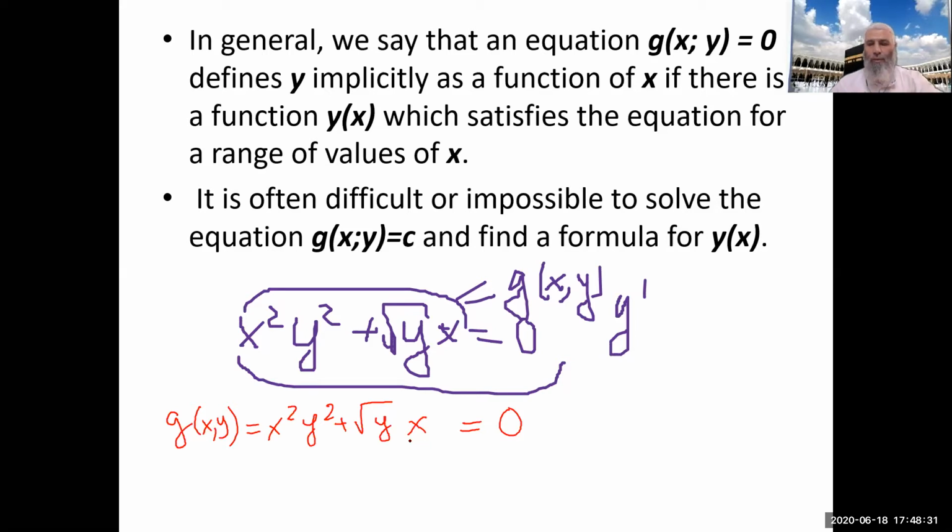I don't know what y dash is, but from here we can write like this: x squared y squared equals negative root y x.